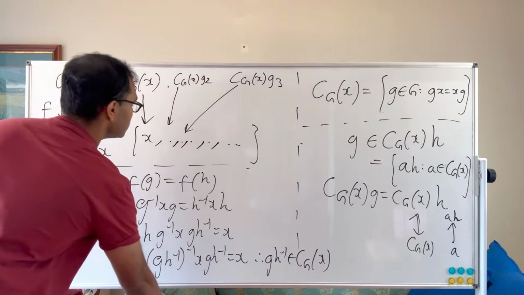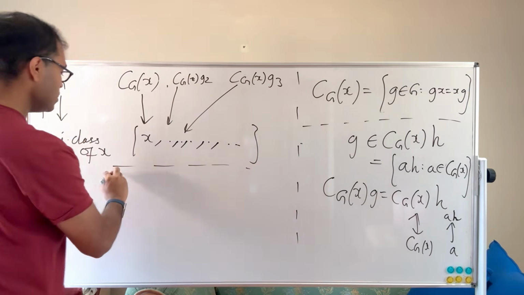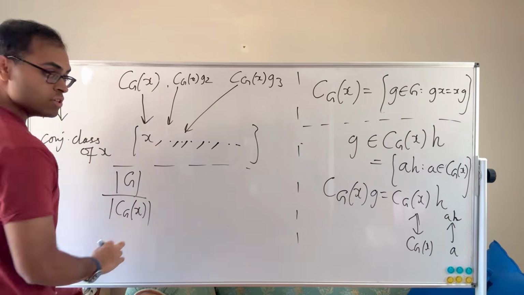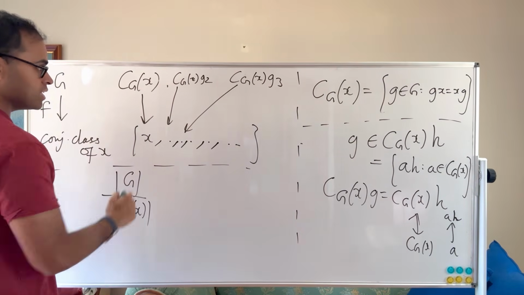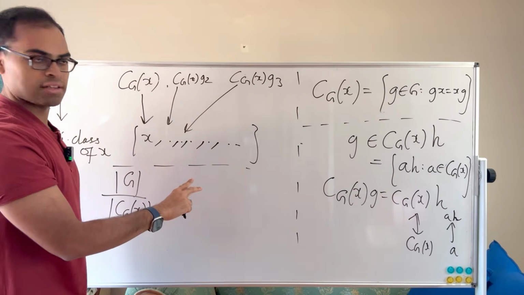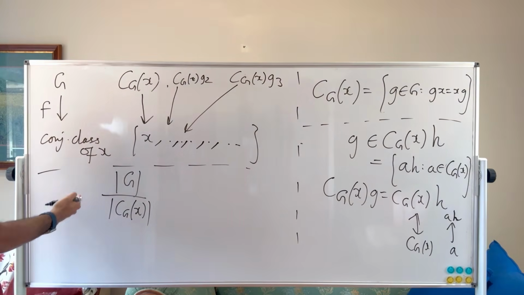But this means that because there are cardinality of G divided by cardinality of the centralizer of X different right cosets, and the number of such right cosets is exactly equal to the size of the conjugacy class of X, because each one is going to correspond to a single element of the conjugacy class by the map f.